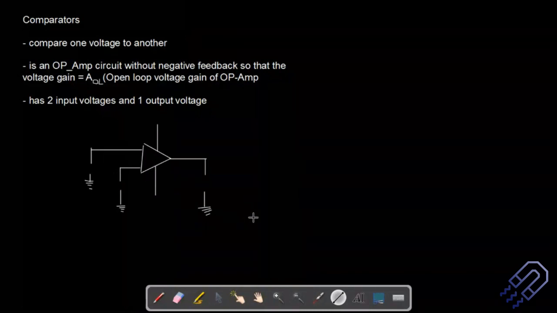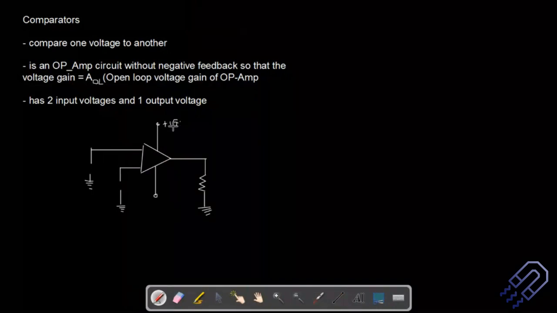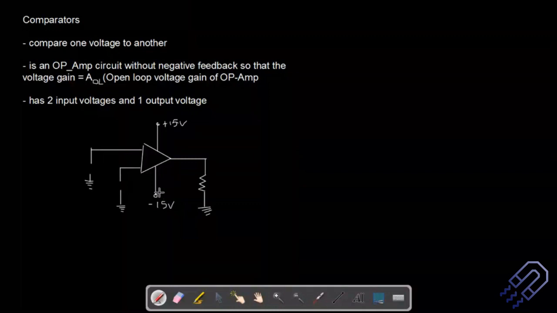The output can be taken across a load resistance, so we can draw a load resistance here. And as I said, the driving voltage would be there. A typical value is 15 volts, so this is plus 15 volt, let's say, and the other end is minus 15 volt. These are typical values that we usually use.